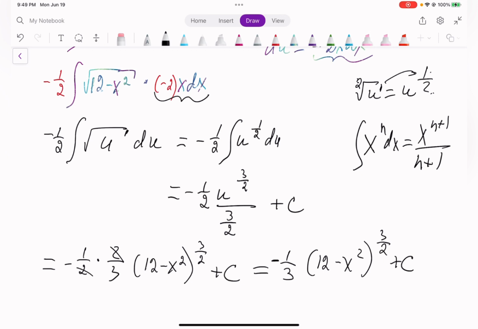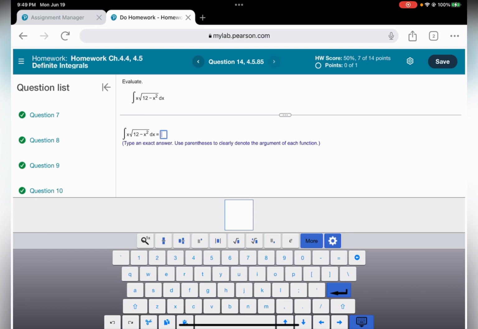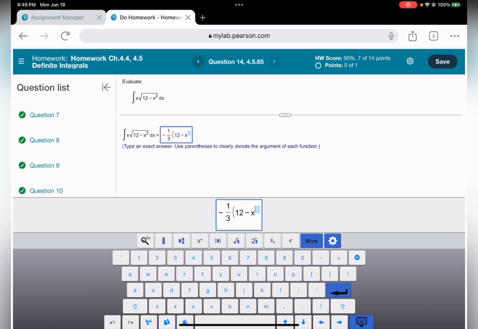And this is going to be negative 1/3 times, we put parentheses, 12 minus x squared, closing parenthesis, okay, and plus c.